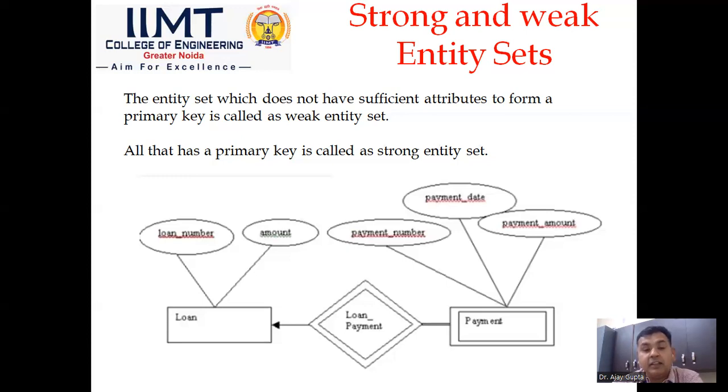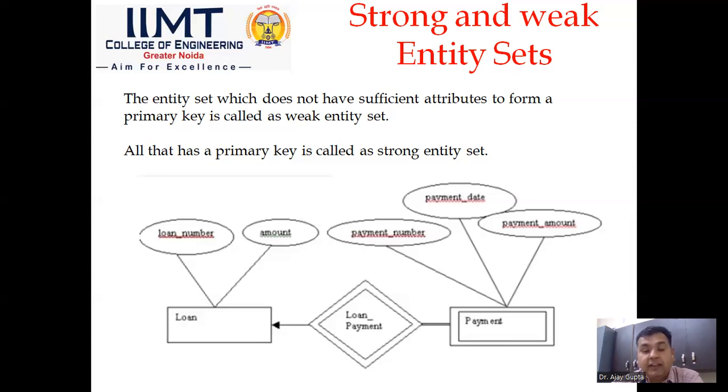So how is this payment differentiated, that the customer is paying an EMI, and that EMI lies to which loan, home loan or car loan? It can't be differentiated by payment number. But if we combine the payment number with loan number, then it is going to uniquely identify which EMI we are paying to which loan.